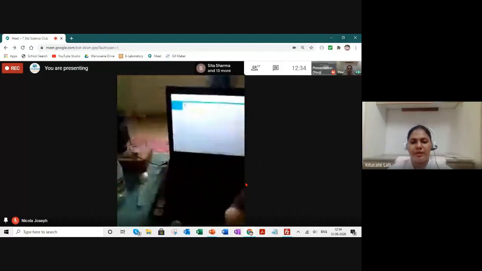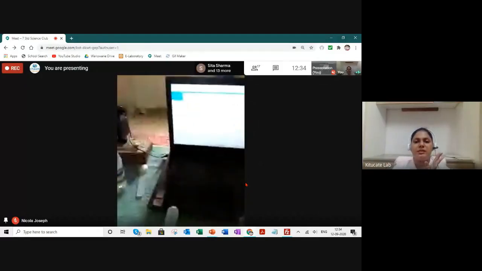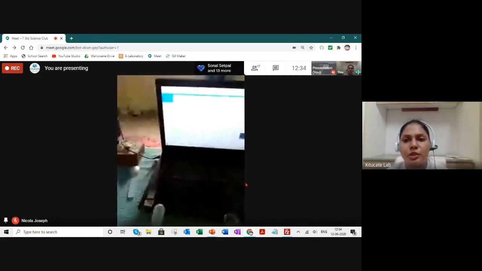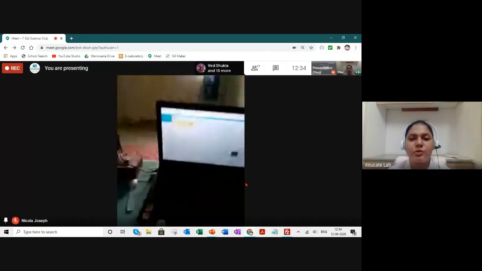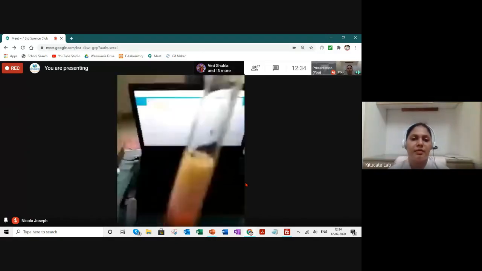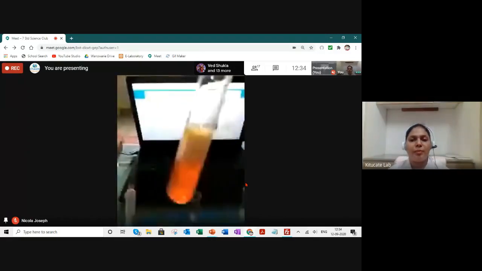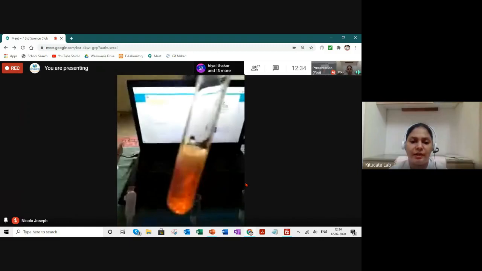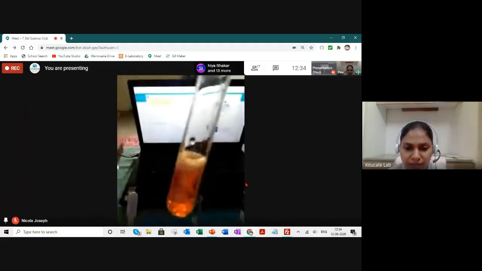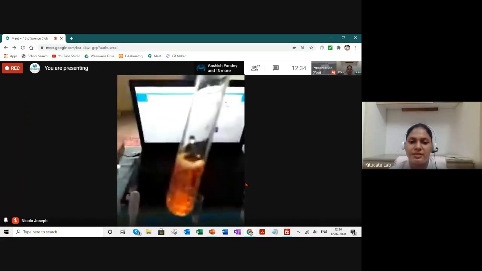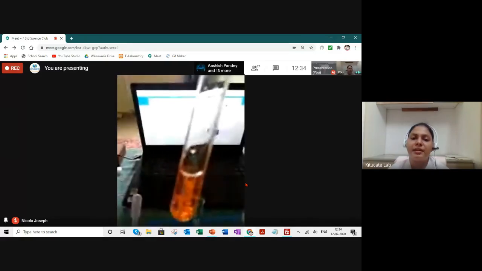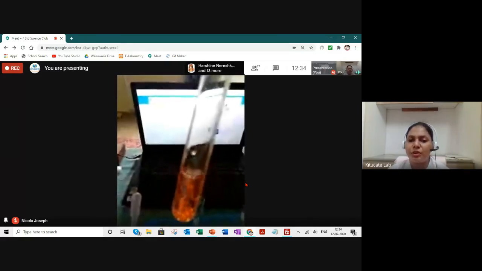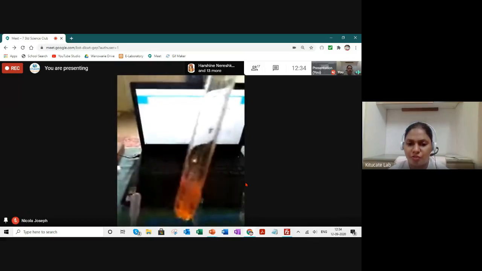Now, in the third case, we will be using ENO solution. You all have ENO, right, at home. So we will be using ENO and we'll be seeing how much of ENO is required in order to neutralize the acid. Now see, this second one is nearing the neutral. It is not yet neutral, but it is nearing the neutral range.